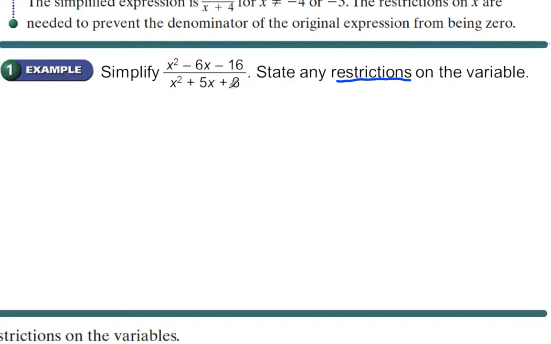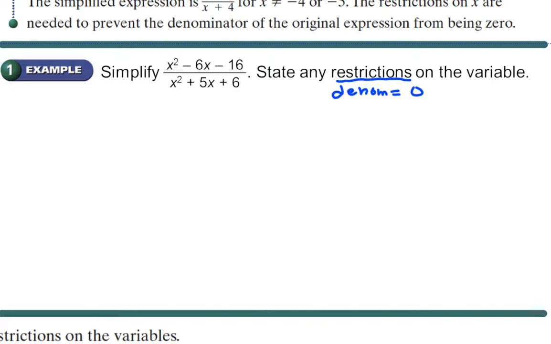You cannot have a 0 in the denominator, otherwise it's undefined. So a restriction is anywhere your denominator equals 0, and I'm going to write that right here: denominator equals 0. So you set this equal to 0, solve for x, and those are your restrictions.